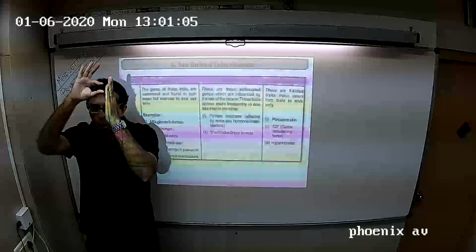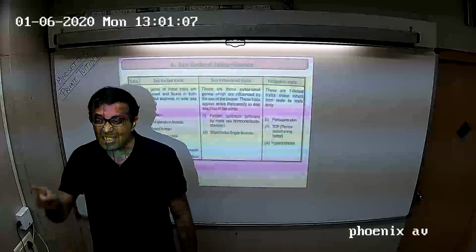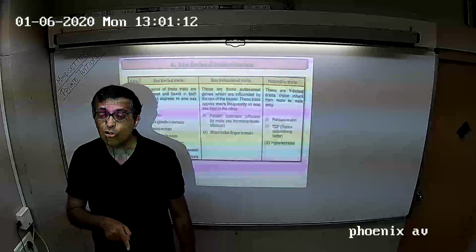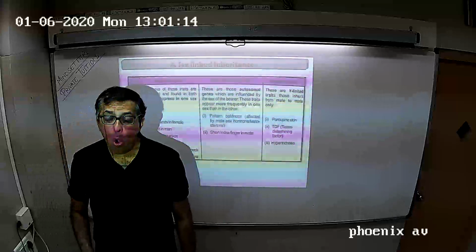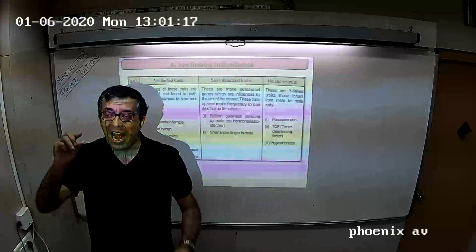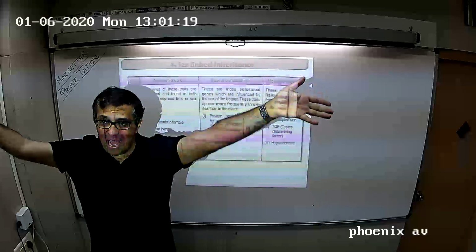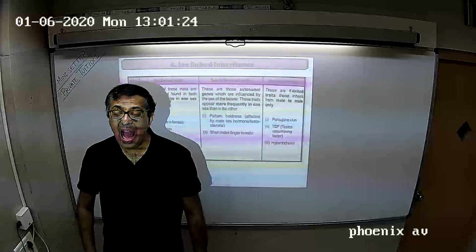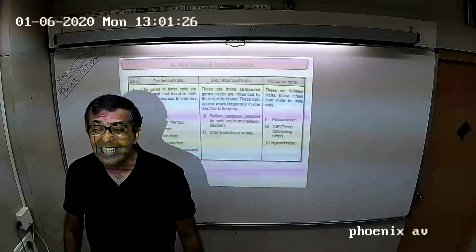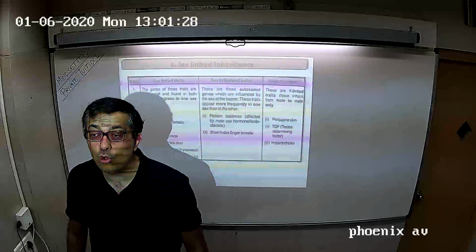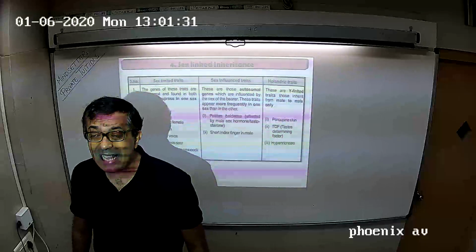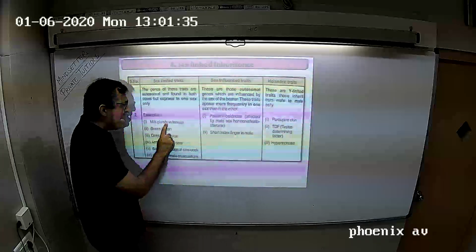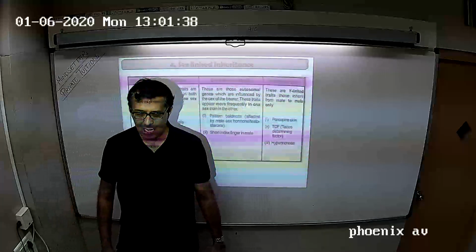The traits are found on autosomes but they are stimulated by sex hormones, estrogen, progesterone or testosterone, and these will get expressed under the action of estrogen, progesterone, testosterone and will produce secondary sexual characteristics. Secondary sexual characteristics, for example, milk glands in females.